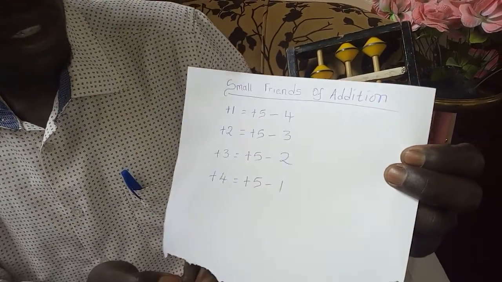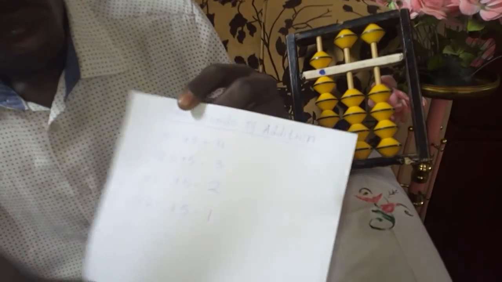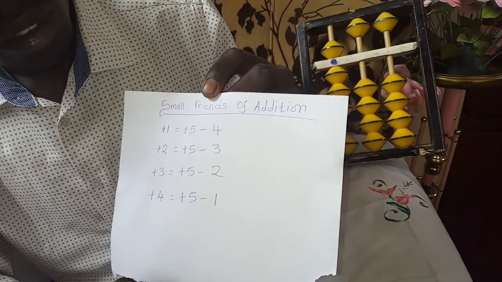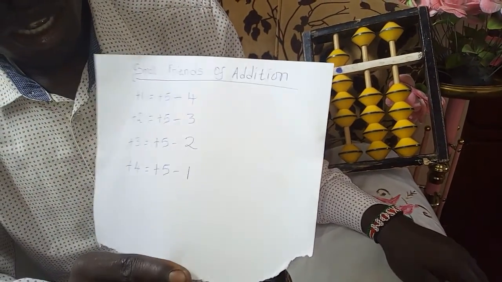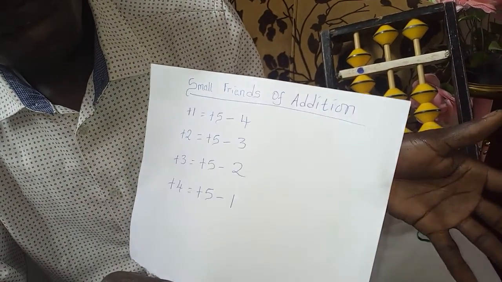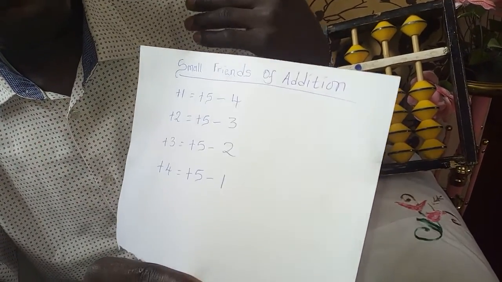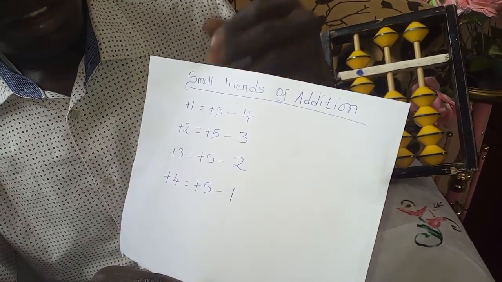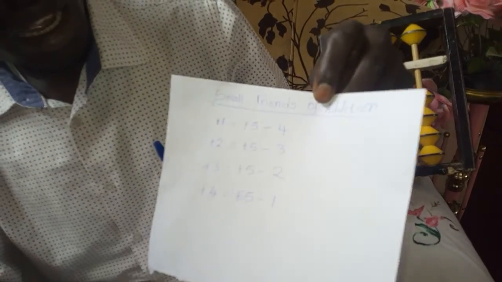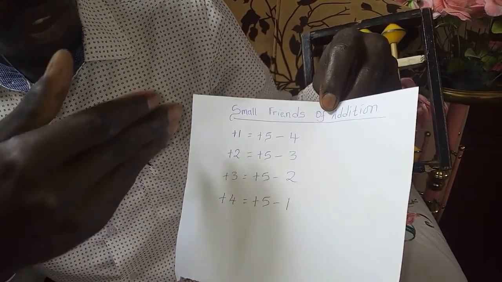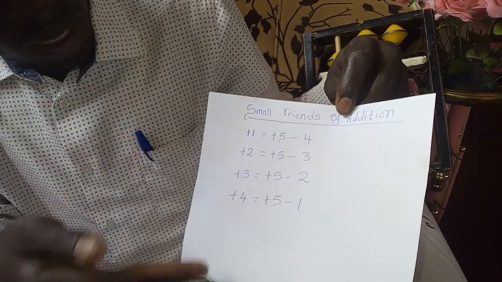Now, from this formula, you see it indicates that 5 is constant, and then you take away the small friend of the number that you want to add. As we move on, I will show you even this is ones.